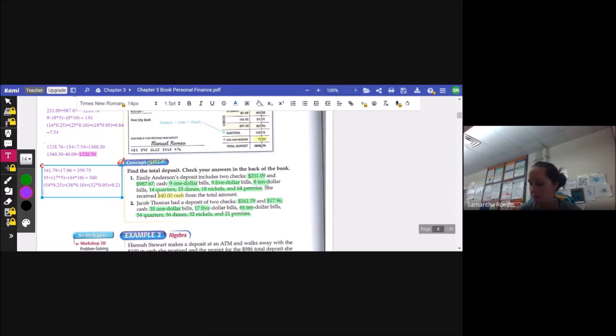So 54 times 25 is $13.50. 36 times 10 cents is $3.60. 32 times 5 cents is $1.60. So I have $13.50 plus $3.60 plus $1.60 plus 21 cents is $18.91. Then I need to add all of those together.